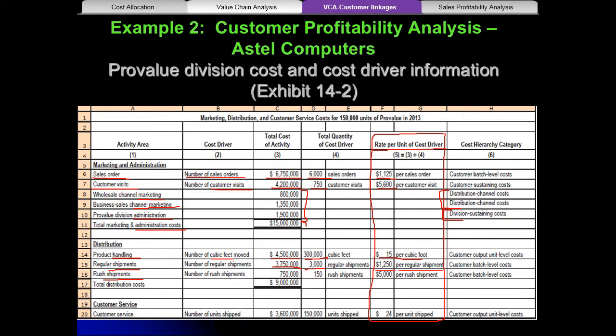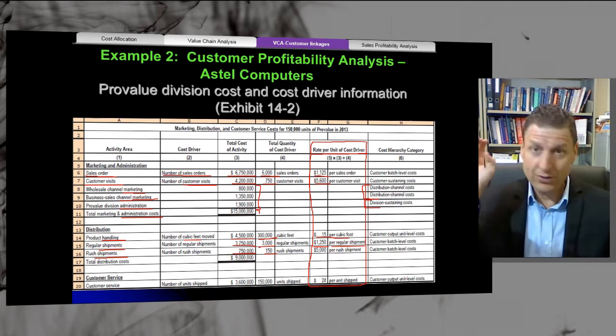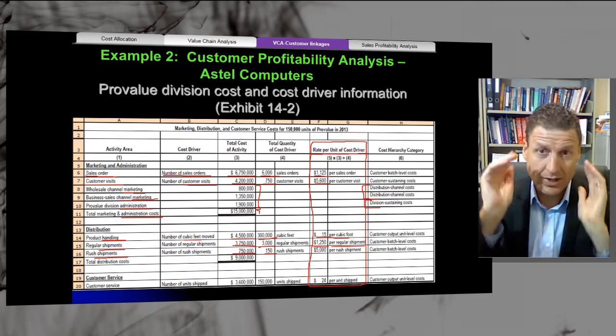And the same for rush shipments. There was $750,000 incurred for just 150 rush shipments. Wow, these are expedited orders. This is where a customer rings up and says, I want the stock tomorrow. A huge flood of customers have come in. I'm out of stock. I want it tomorrow, not in 30 days.